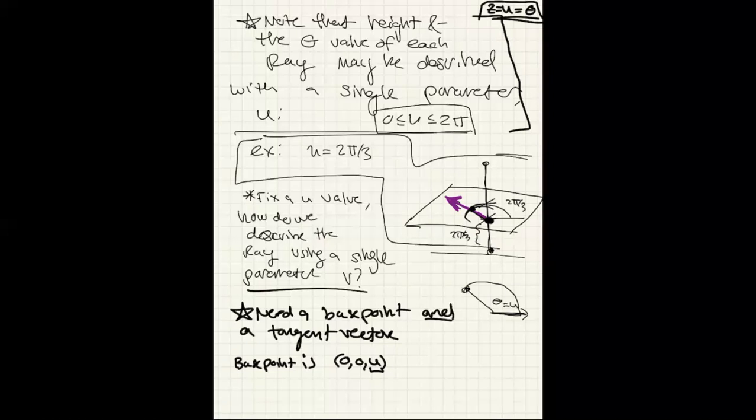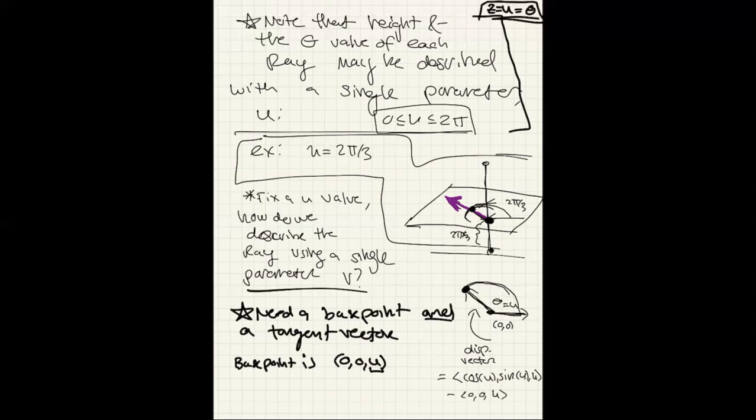So at that location, this tangent vector is a displacement vector from 0, 0, u up to that location on the unit circle. And a unit circle is cosine, sine of the angle. I know that my displacement vector should be cosine of u, sine of u, u minus my base point, which was 0, 0, u.